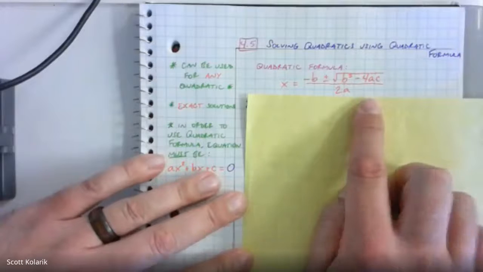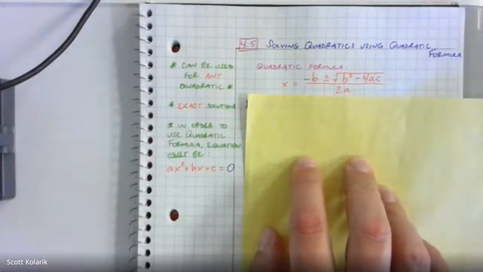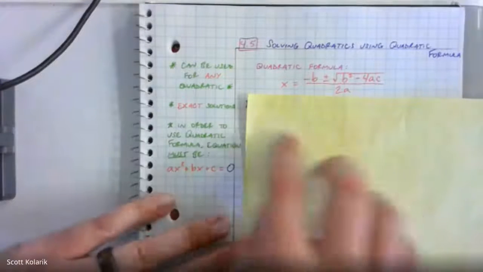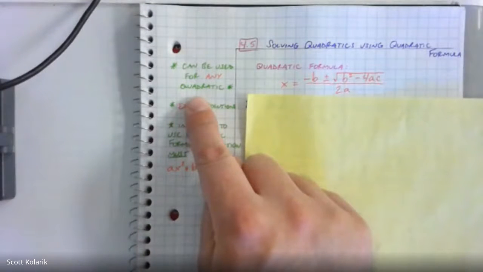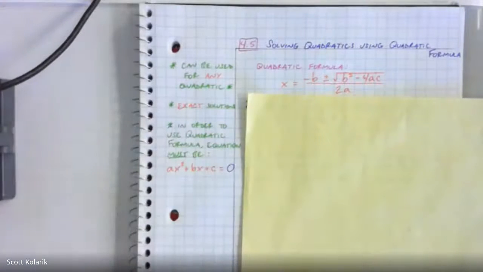So for the quadratic formula, I give you a couple of little asterisks over here, a couple of bullet points to understand how it's used. This can be used for any quadratic, okay? And the reason I make that point is because in the sections leading up to this, there were some easier methods and some situations where I couldn't use those methods efficiently.